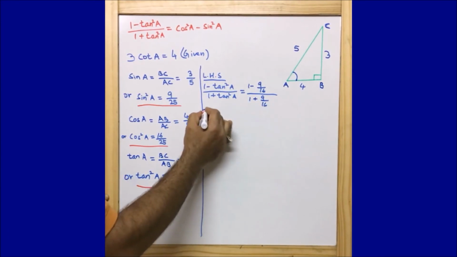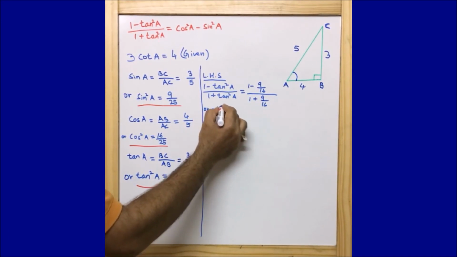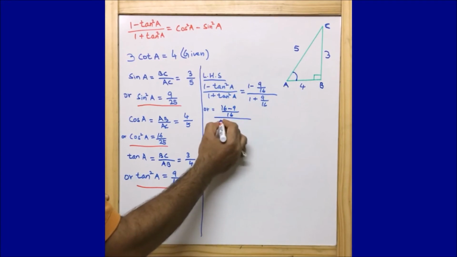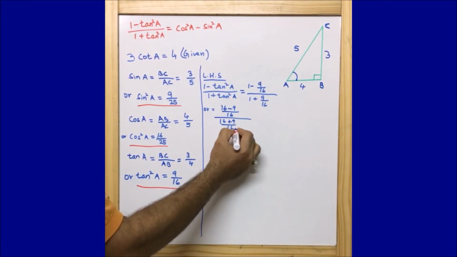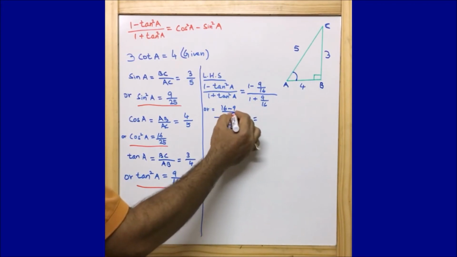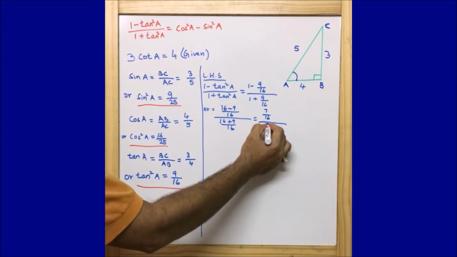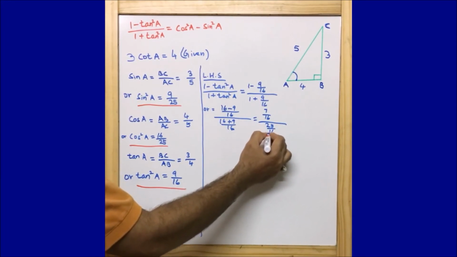Let us solve this. That is equal to 16 minus 9 upon 16, similarly 16 plus 9 upon 16. That is equal to 7 upon 16 upon 25 upon 16.